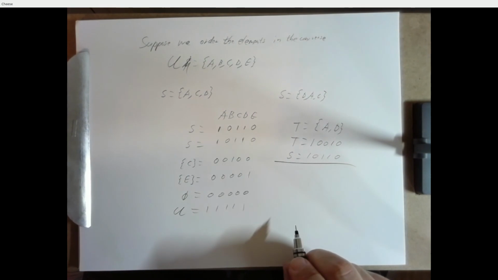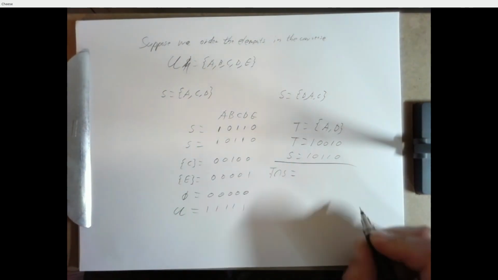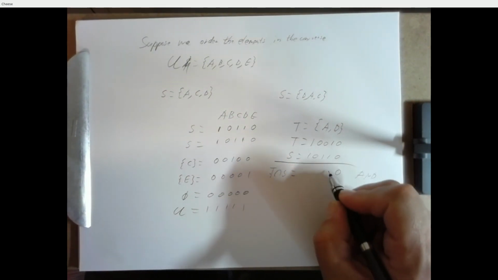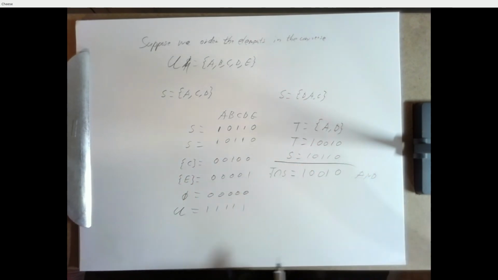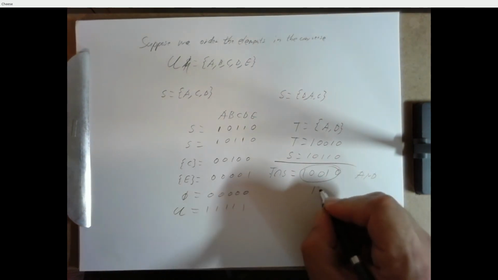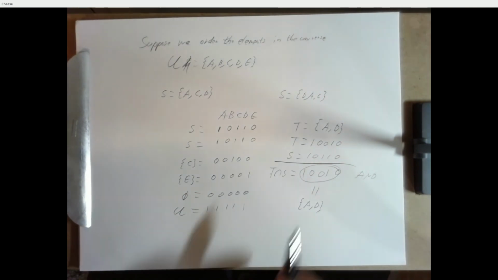So if we want to intersect them, we do a logical AND. So 0 and 0 is 0, 1 and 1 is 1, 0 and 1 is 0, 0, 0, 0, 1 and 1 is 1. This should be the intersection of T with S. And this corresponds to the set AD. And sure enough, that's the intersection of S and T.